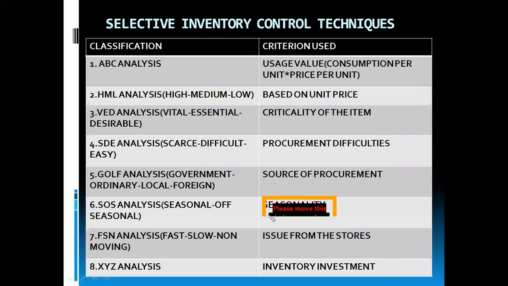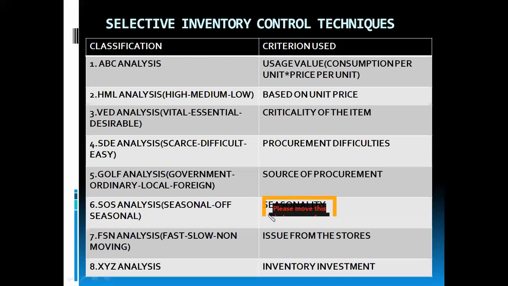Local, to an extent, low control also will do because the goods are locally available. Then SOS, seasonal, off-seasonal, three categories. The criterion used is seasonality. Seasonal but limited, more importance. Seasonal but available throughout the year, moderate importance. Off-seasonal, low importance or low control.